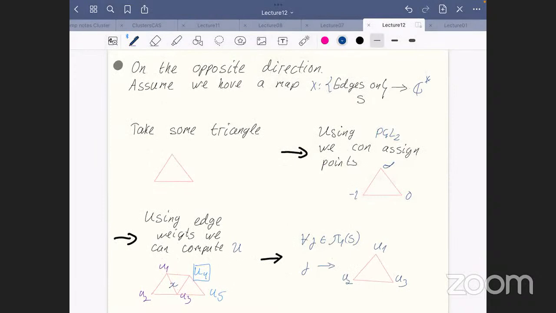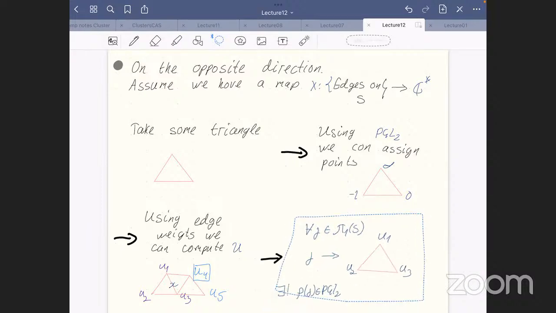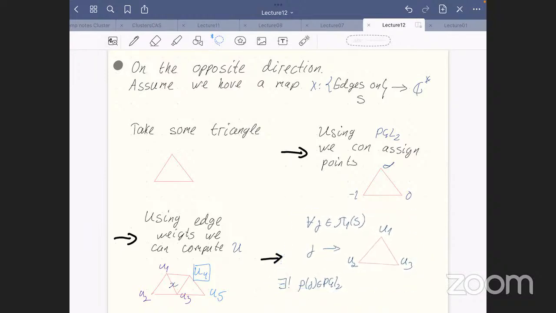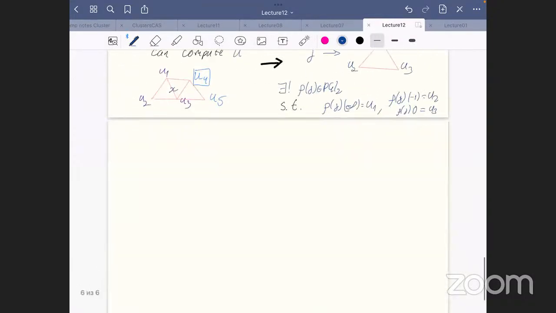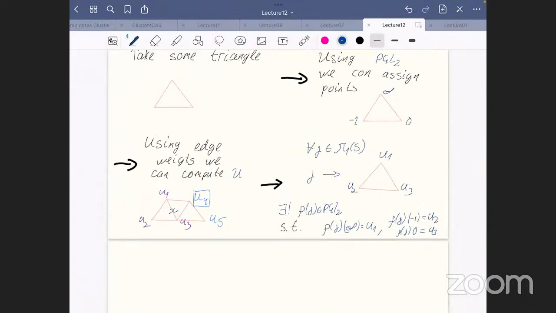And there is a unique element rho gamma in the group PGL2 such that rho gamma of infinity is equal to u1, rho gamma of -1 is equal to u2, rho gamma of 0 is equal to u3.